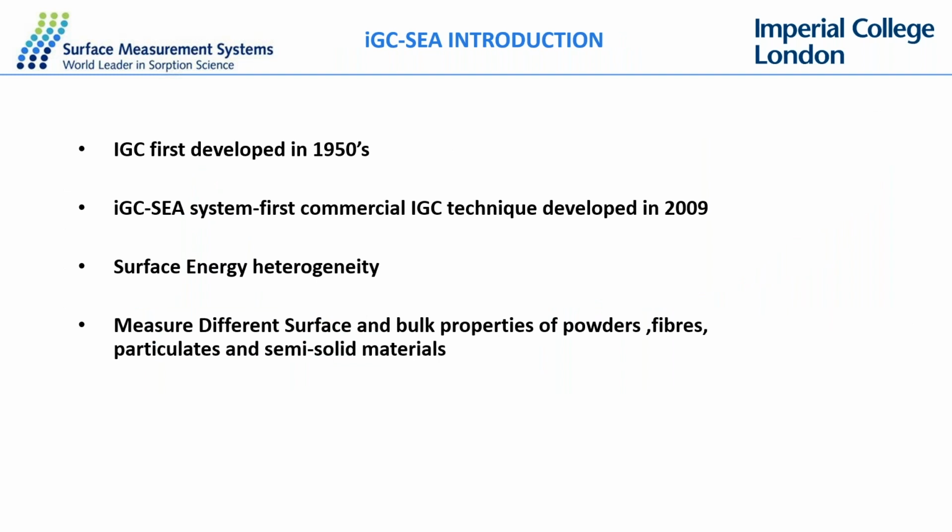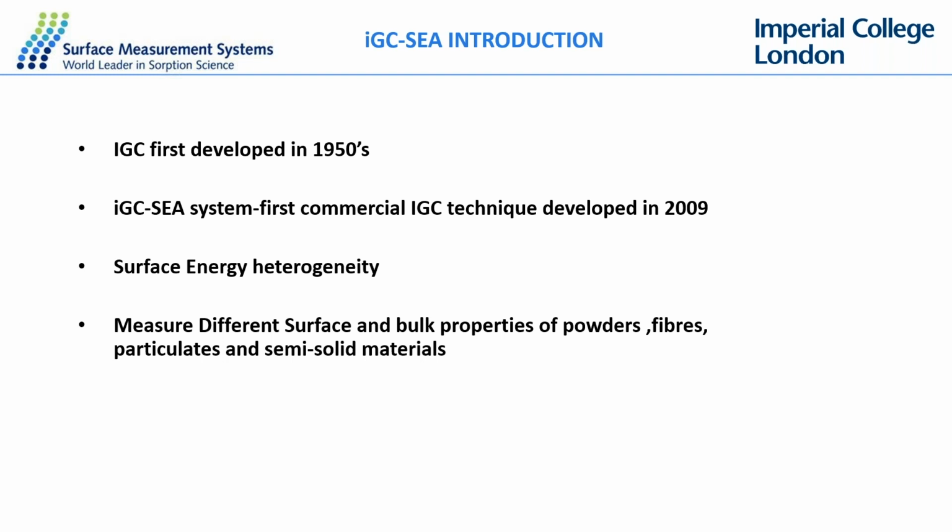The major test which I'd like to spend more time on and talk about is the IGC, a very unique instrument that we used. The IGC was first developed in the 1950s, but the first commercial system was developed by Surface Measurement Systems in 2009.